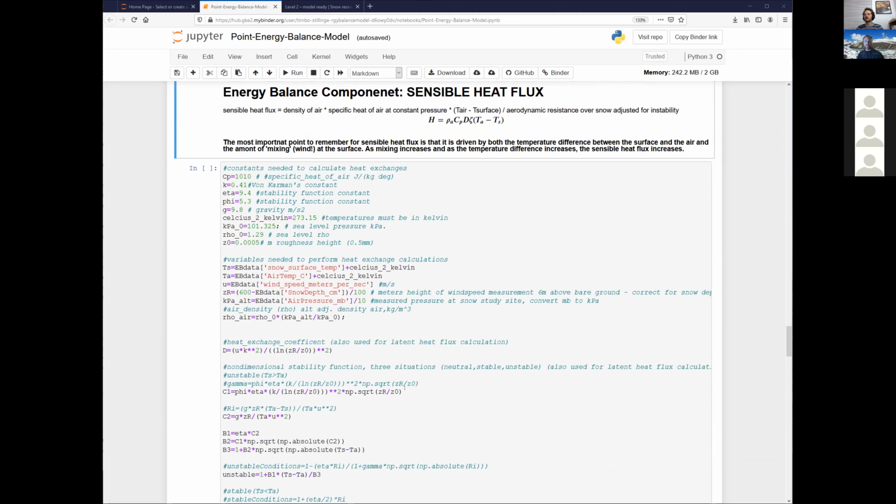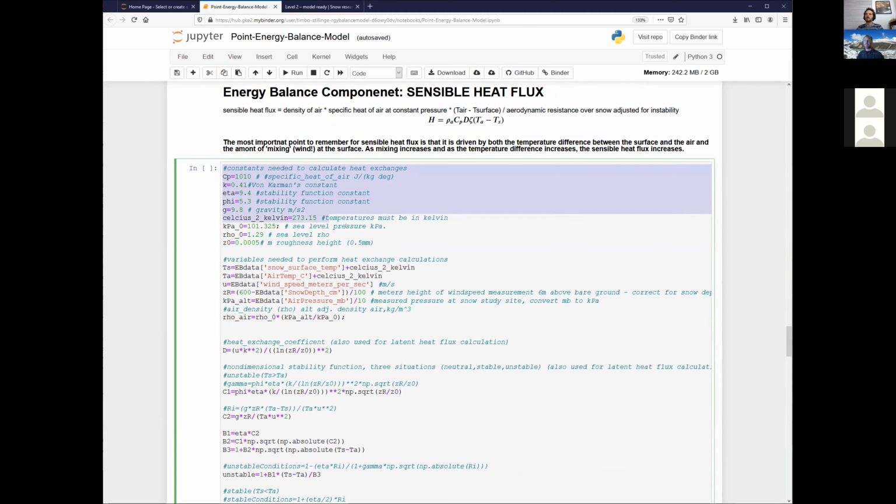So what we have here now is I have all of the constants that we need to calculate the sensible heat flux, along with all of the measurements we need at our station to also estimate the sensible heat flux. So up here first, we have all the constants that we need for our equation.